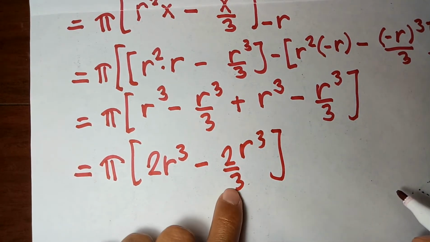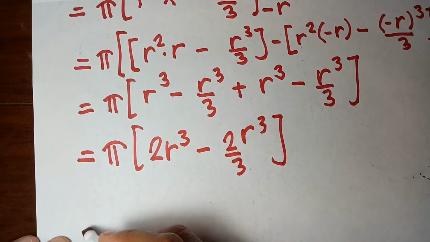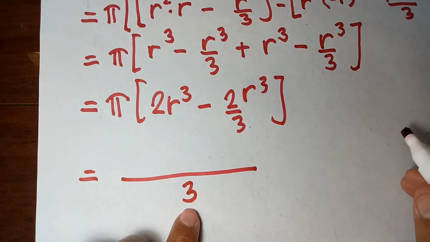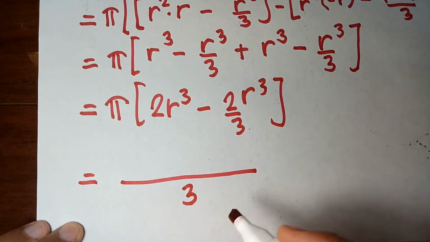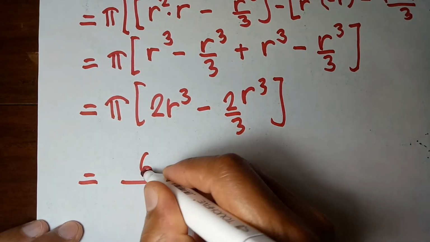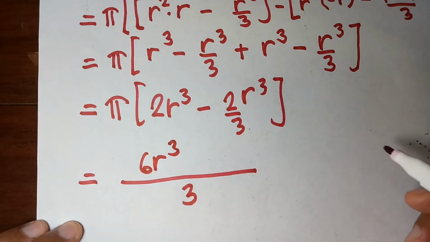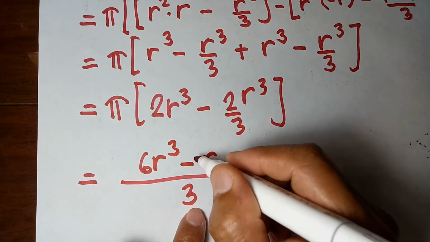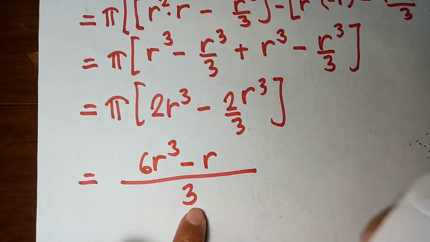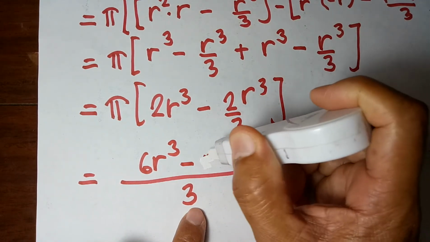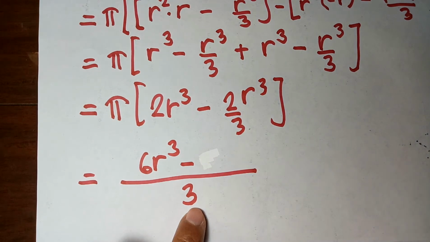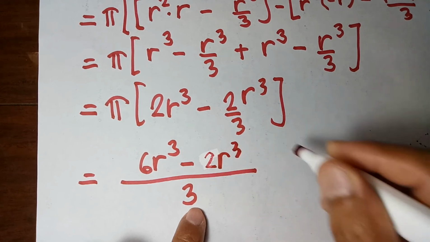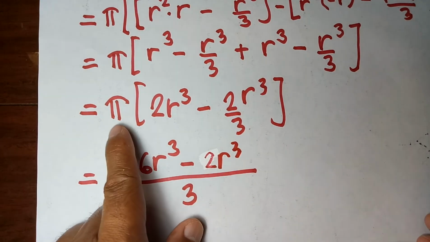Tapos kuha tayo ng LCD, ano? So LCD natin ay 3. So 3 times 2r cubed is 6r cubed, and then minus 2r cubed. And then times pi.